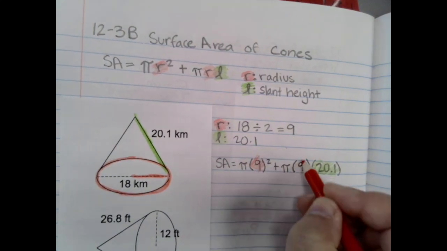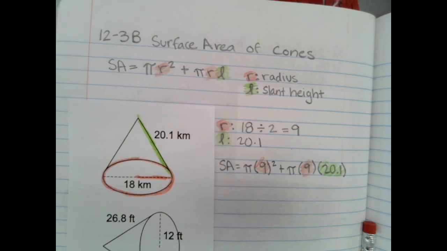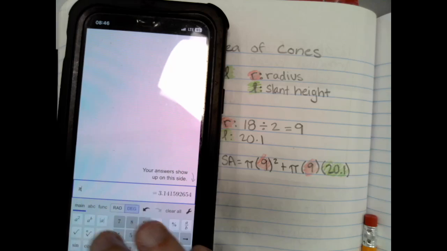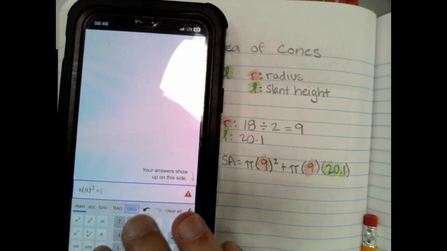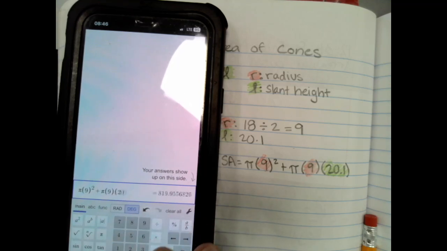Once we have that written down, we need to make sure we put it into our calculator correctly. Pi times 9 squared plus pi times 9 times 20.1.